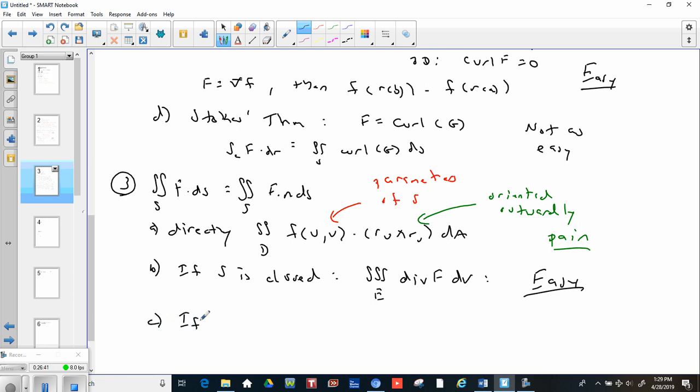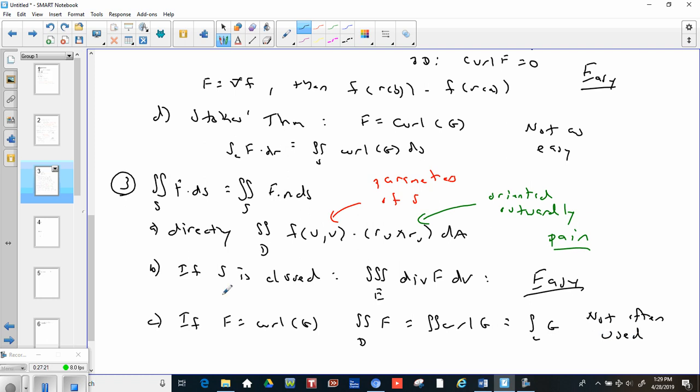Or if we know that F can be written as the curl of G, then we can do the double integral over D of F, and that's going to equal the double integral of the curl of G, which is the same thing as the single integral over C of G. This is not often used.